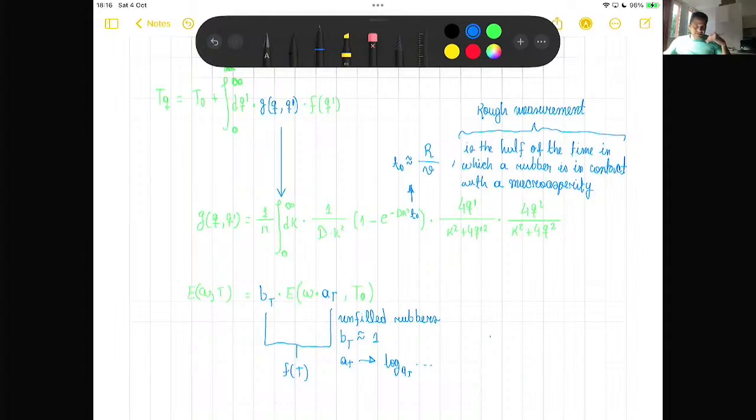The equation that I will put here for information.